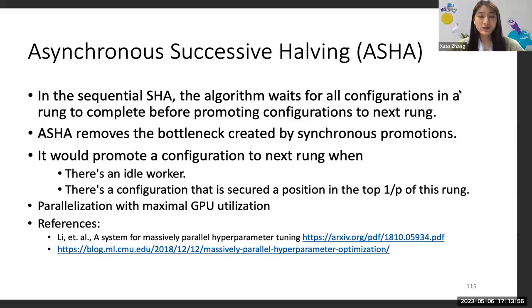The idea is to promote a configuration to the next rung when there's an idle worker or when a configuration has already secured a position in the next rung. This approach ensures parallelization with optimal GPU utilization. That's why we chose to use ASHA.